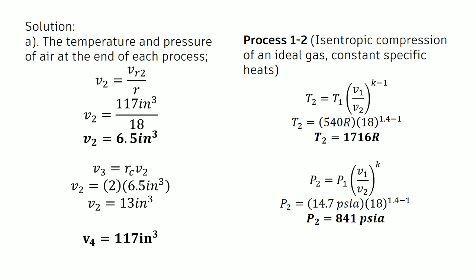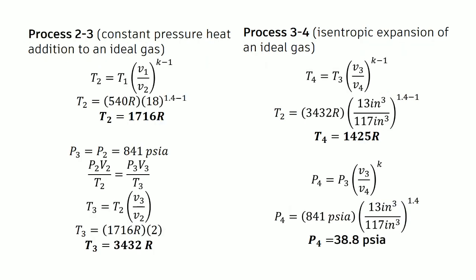1716 Rankine. For the pressure at state 2, we have this formula. Plugging in everything, we have the pressure at state 2 to be 841 psi. Moving on to process 2 to 3, we determine the volumes at the end of each process from the definitions of the compression ratio and the cutoff ratio.